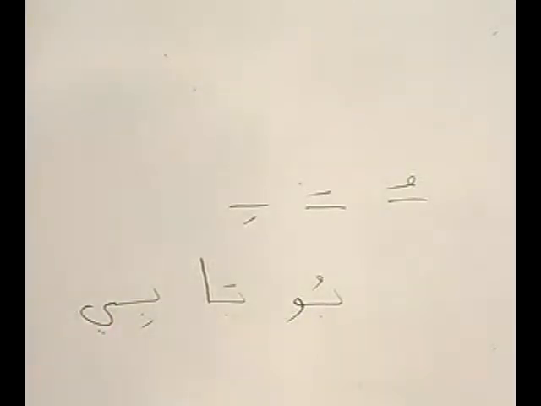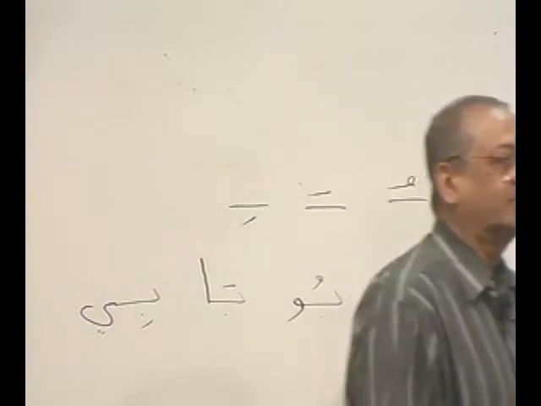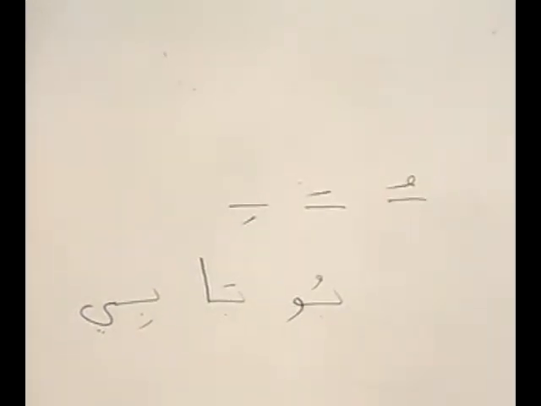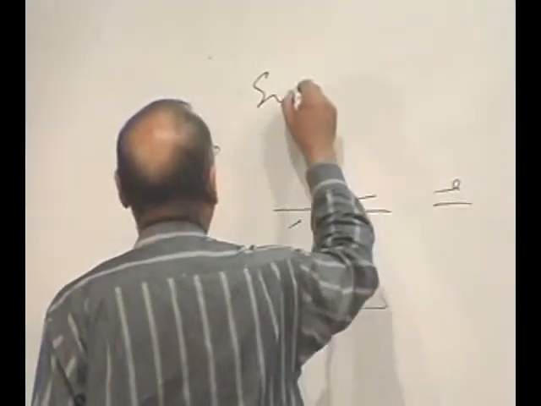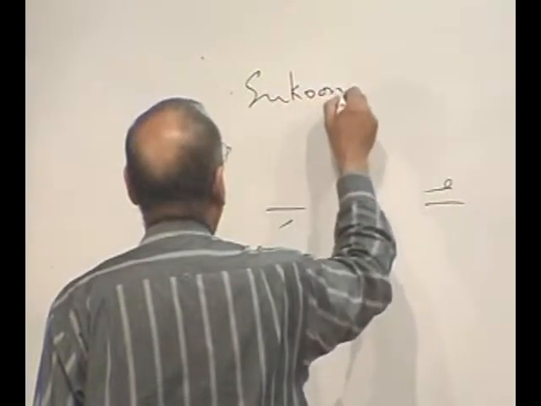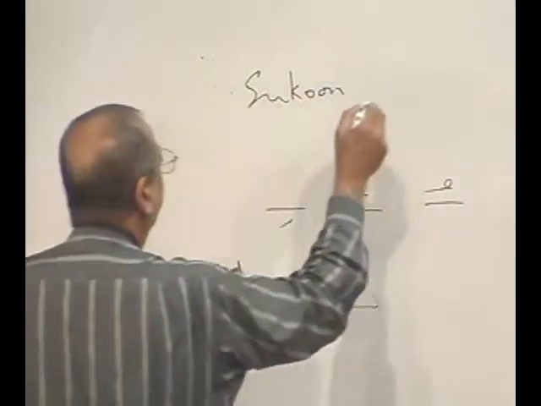Are you with me? Now, there are 3 vowel signs. Dhamma, fatha, and kasra only. And there is a 4th thing we must understand, and it is called sukoon. Are you with me, brothers and sisters?